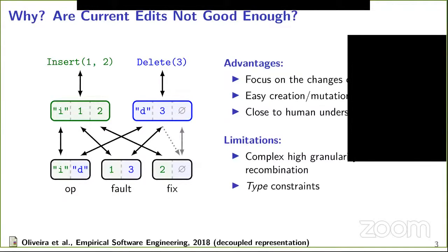In that work, they introduce high granularity recombination, where you can have crossover that mixes the locations between different edits. One limitation is that high granularity recombination can be quite complex. A second limitation that I will mention is what I will call type constraints.